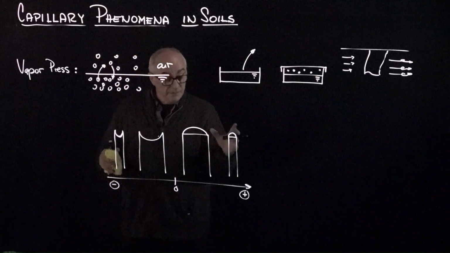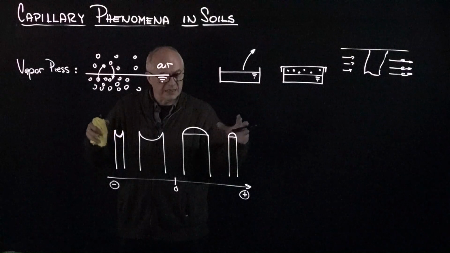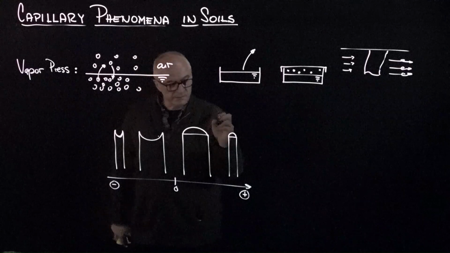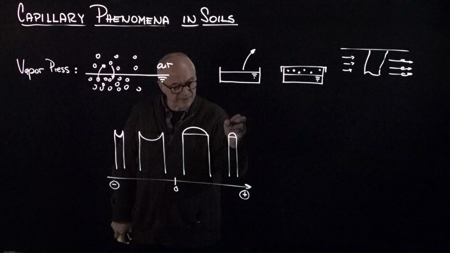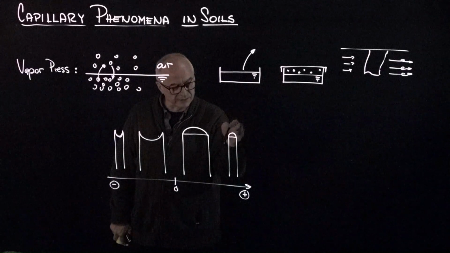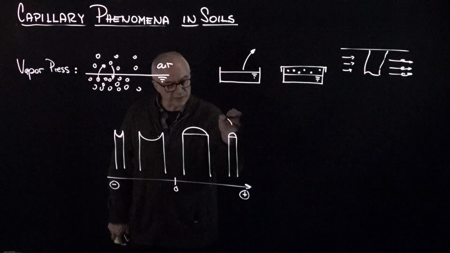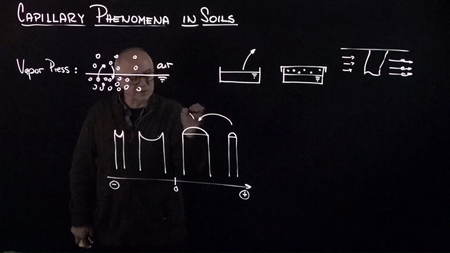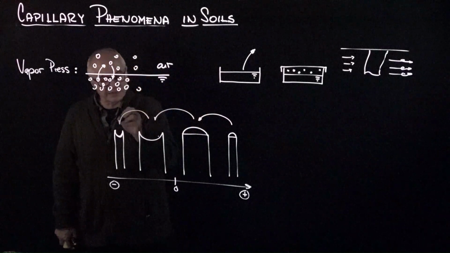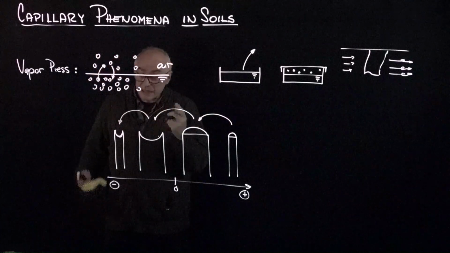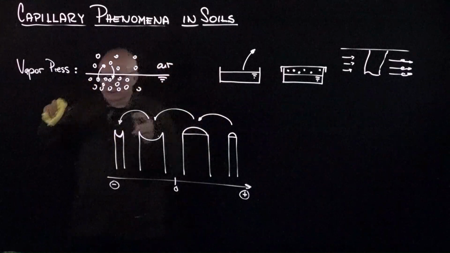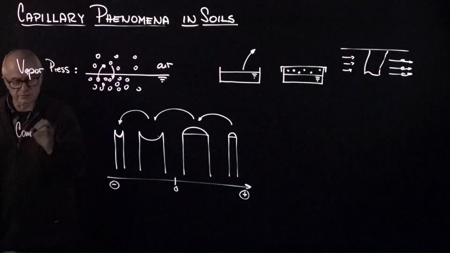Now, if we have such a system in an enclosed space, so it is in total equilibrium, what we would observe is that the water would evaporate from the small one into the large one, and from the convex ones into the concave in this cascade. In other words, these tubes are communicating, they are talking through the vapor pressure.